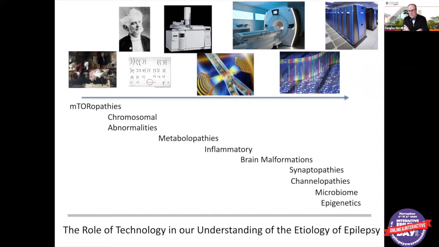And then with the advent of supercomputers, the possibility of doing entire exome sequencing and analyzing that data. So we moved from simple causes of epilepsy to very specific genetic causes, including channel problems. And now we're on the verge of a whole new era of epigenetics, which is really exciting.